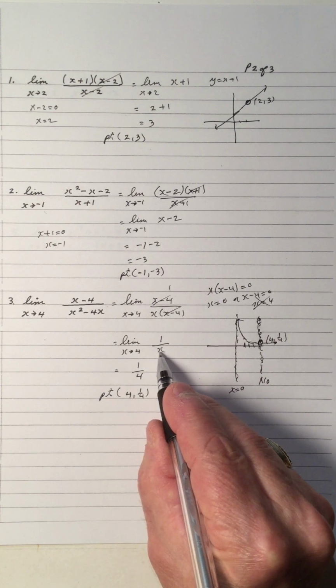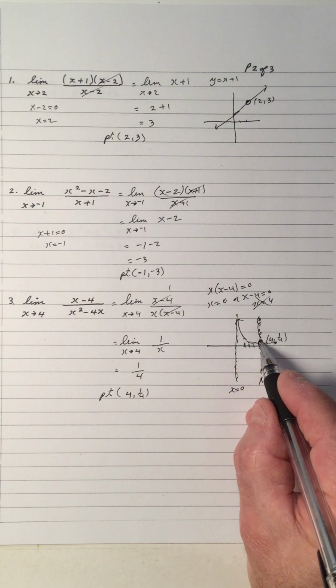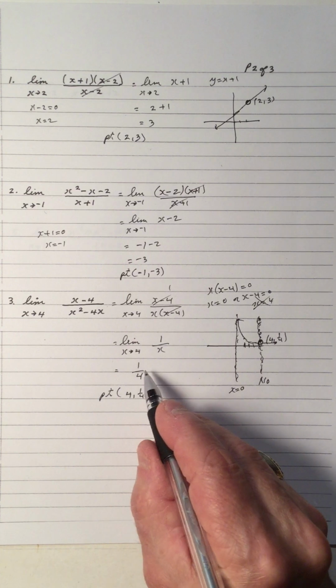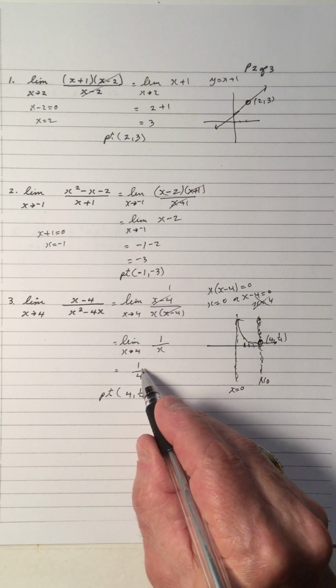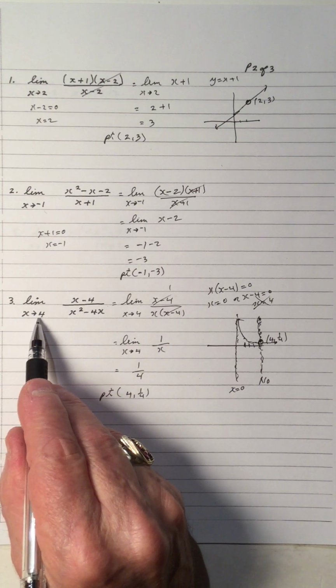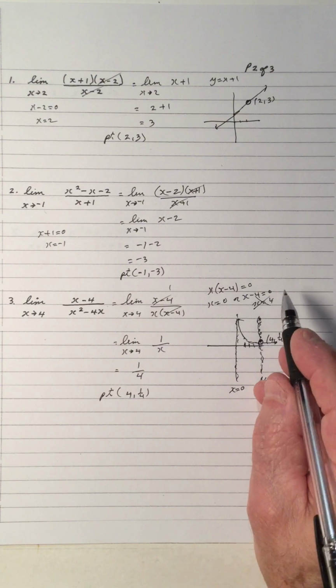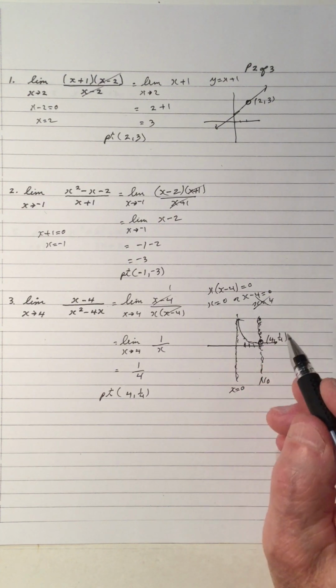Again, you put 4 in, you'll get 1/4, but this point 4, 1/4 is not on this graph. So again, the limit is 1/4 at 4, but this point is not there, and it's not a vertical asymptote because it's canceled out.